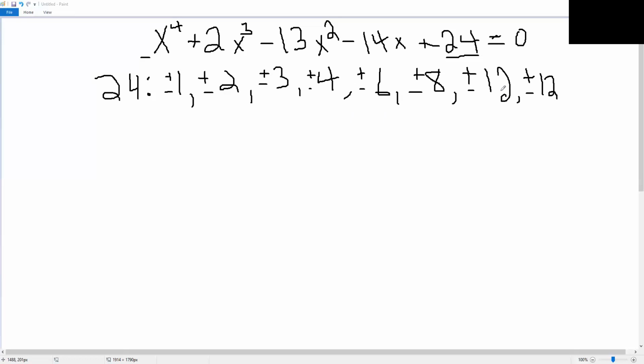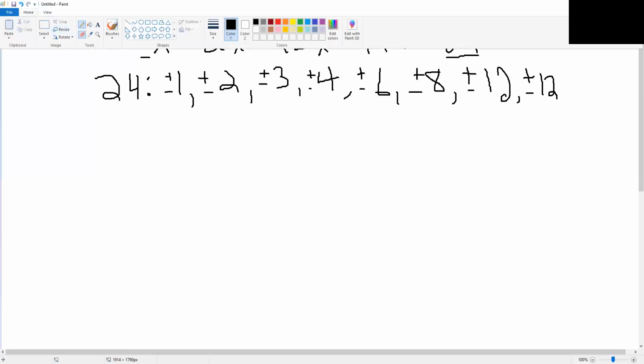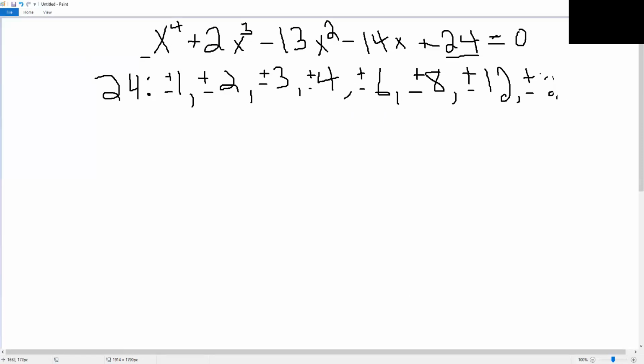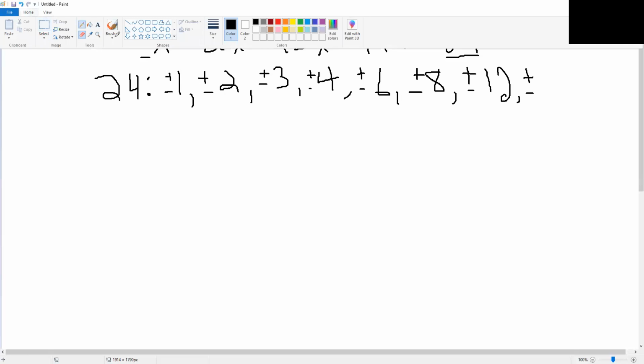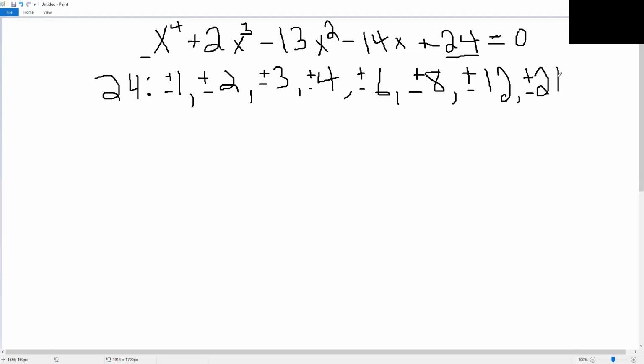8 will go into 24, 12 will go into 24, and 24 as well. I don't know what I wrote down here, this is supposed to be 24. See, I'm catching my own problems right here.